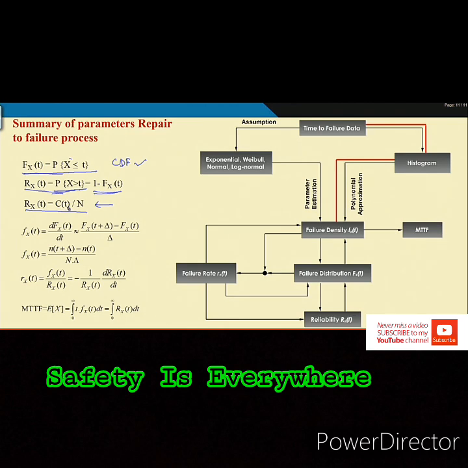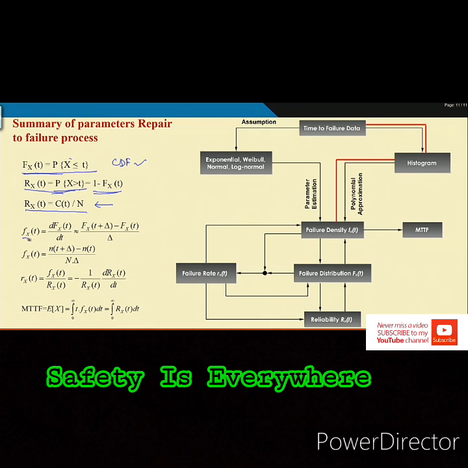Those time intervals are t, which may be 0, 1, 2, or T0, T1, T2, and C(t) is the number of units surviving at t equal to 0, t equal to 1, t equal to 2, and so on, and n is the number of units under test at t equal to 0. As a result, at t equal to 0, R(t) will be 1, and slowly it will decrease, and at the end of the life cycle it will basically be 0, theoretically.